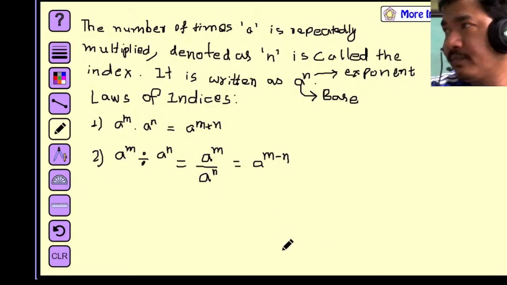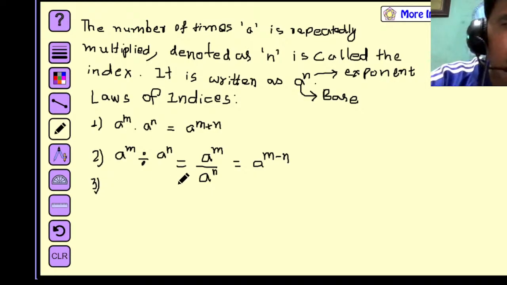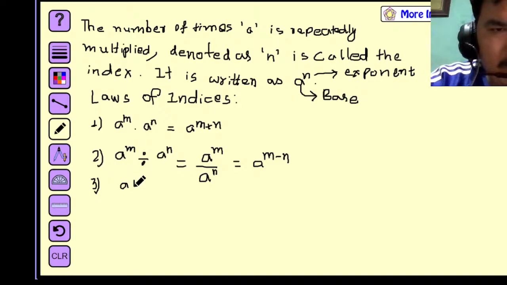Now look here, I want to show you the third one, that is the power law. Suppose a and b are given kept inside the bracket, the whole ab, and their power m is given.